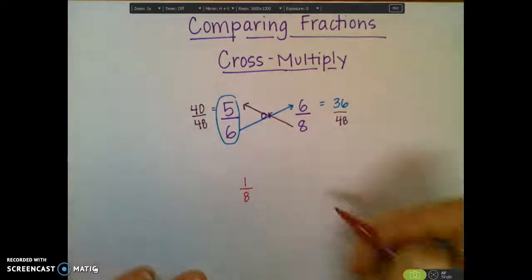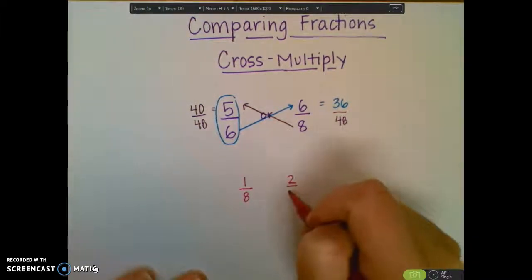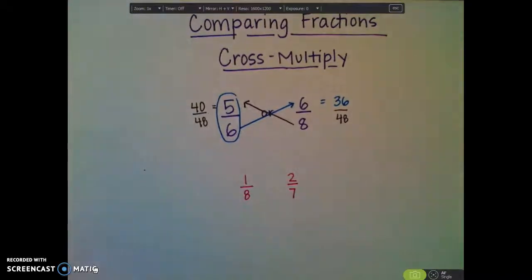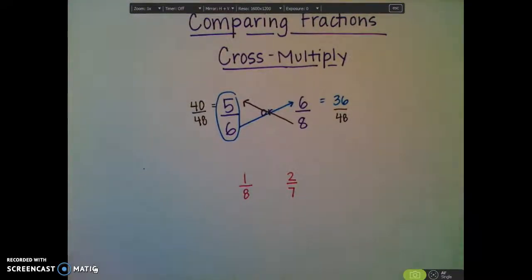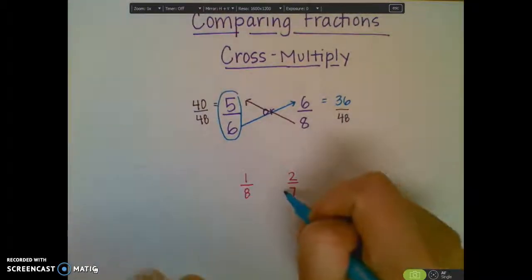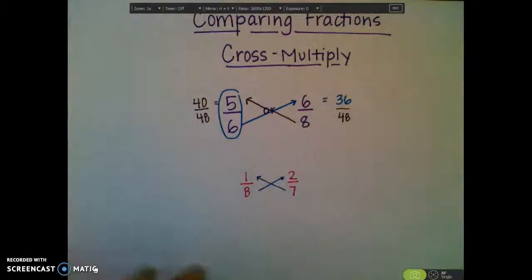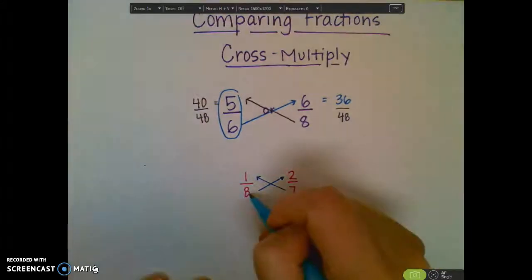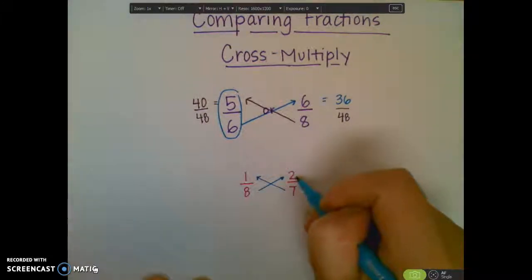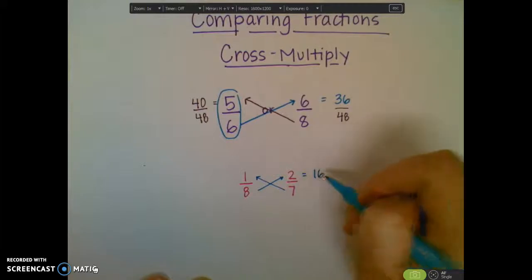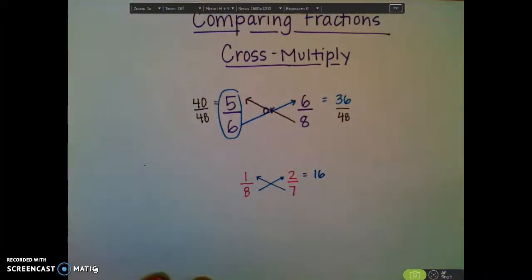1/8 and 2/7. Okay, both of those are pretty small fractions, and I want to compare the size of them. So what I'm going to do is use this cross multiplying method, and remember that the number you multiply by, so like 8 times 2, my result is 16. That goes with the numerator that I multiplied with.